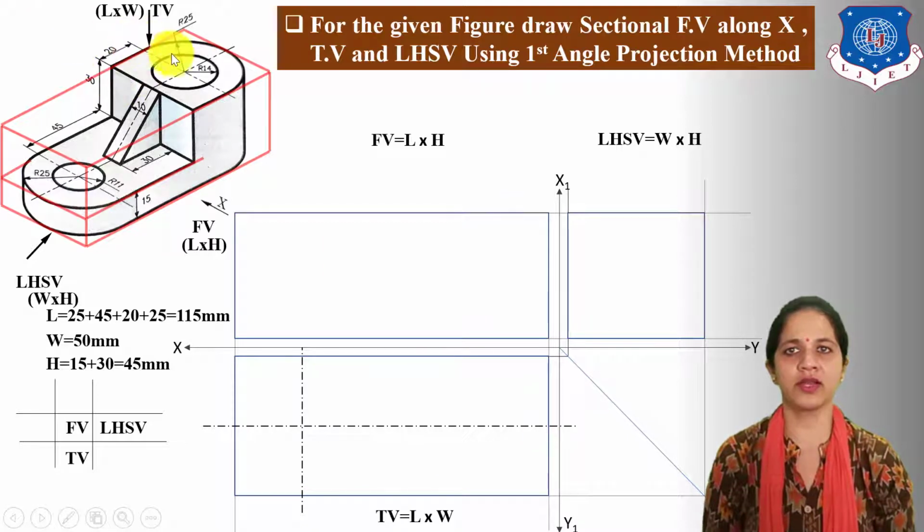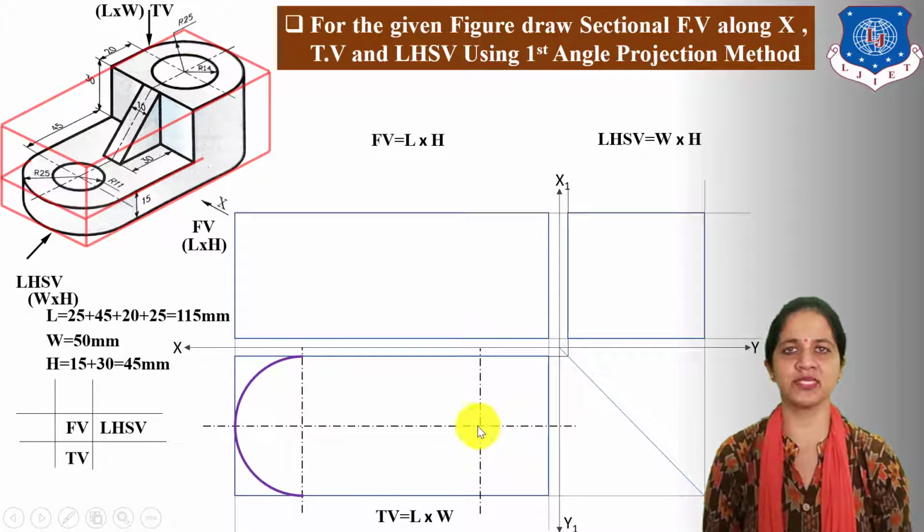Now draw another vertical center line. For this also the radius is given 25 mm. So take 25 mm length on this horizontal center line and draw a vertical center line which is parallel to width. From this center point, take radius 25 mm and draw a semicircle.